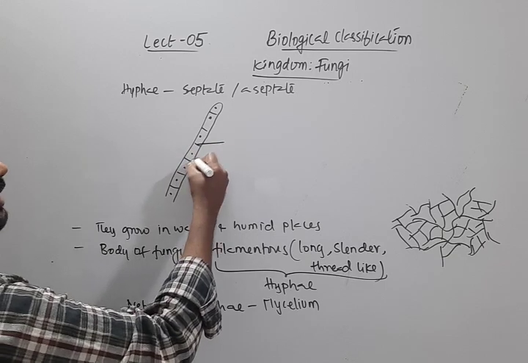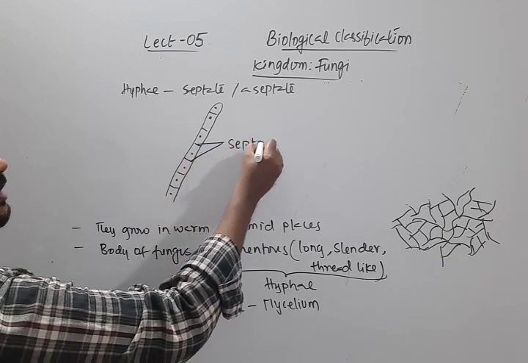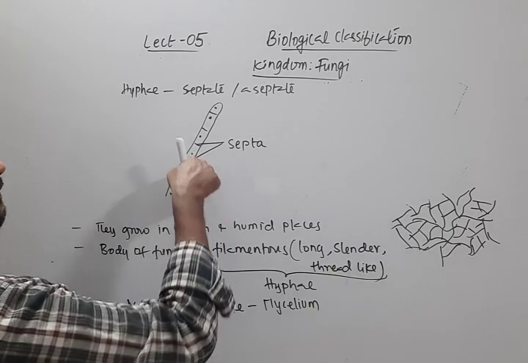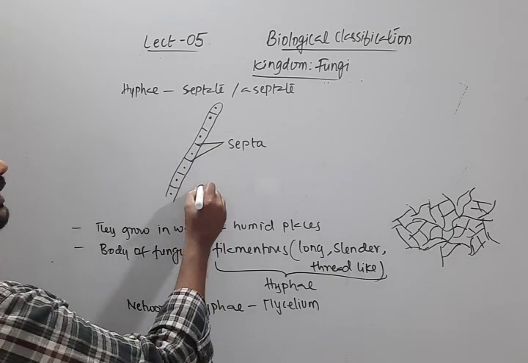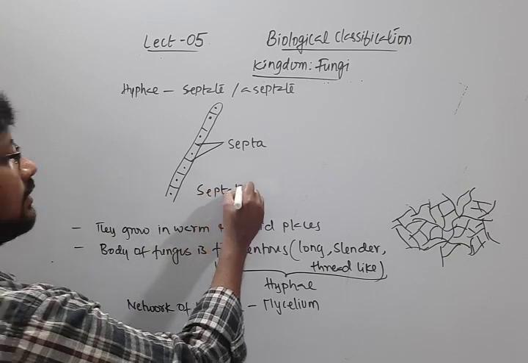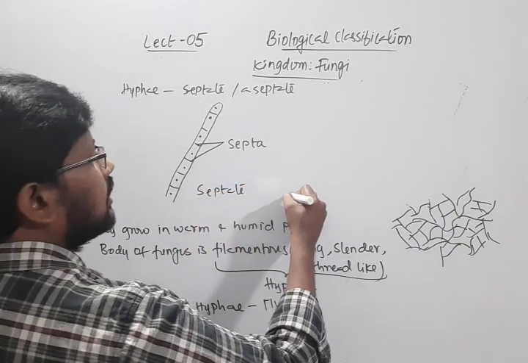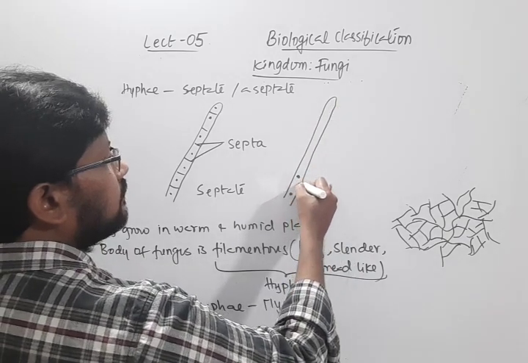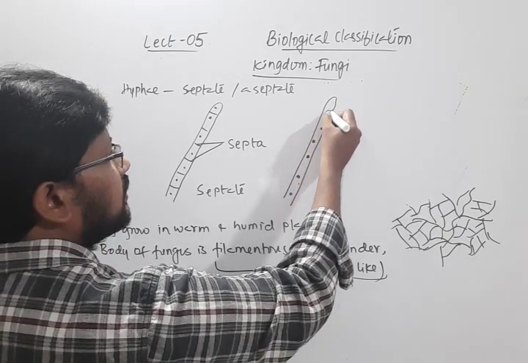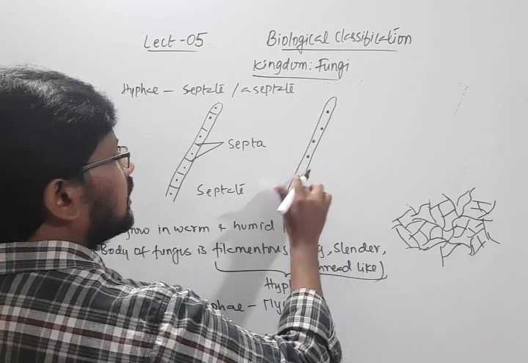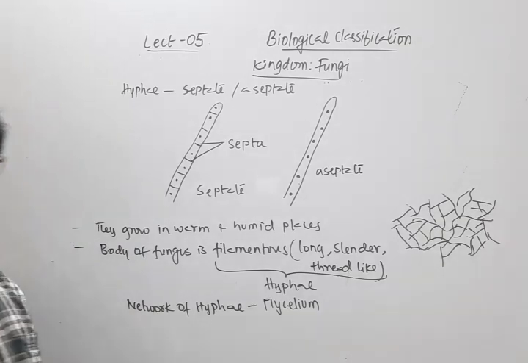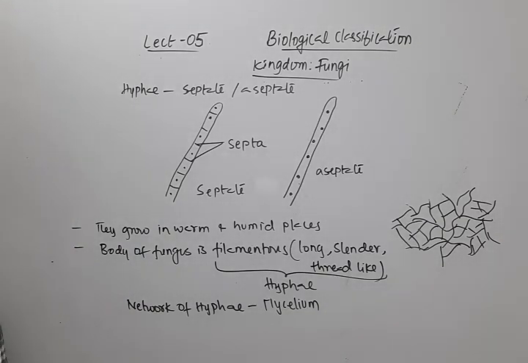These are septa, transverse partitions. If they are present, then the condition is called septate. And if they are not present, then the condition is called aseptate.